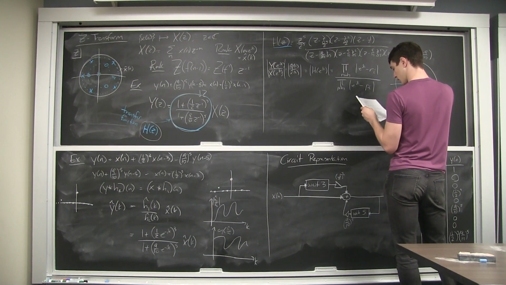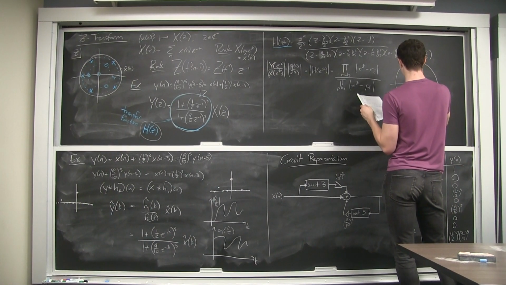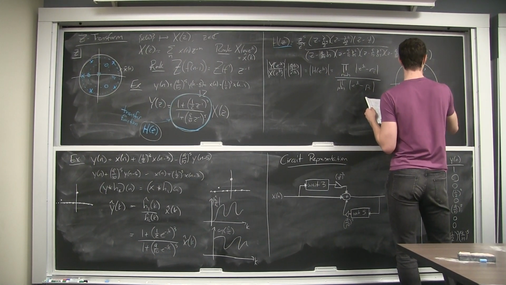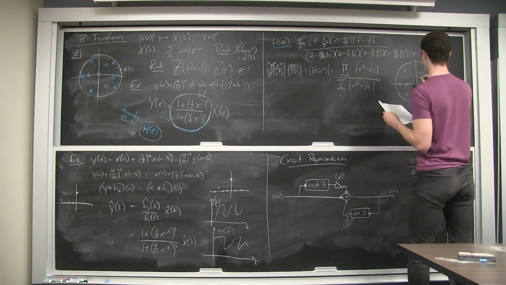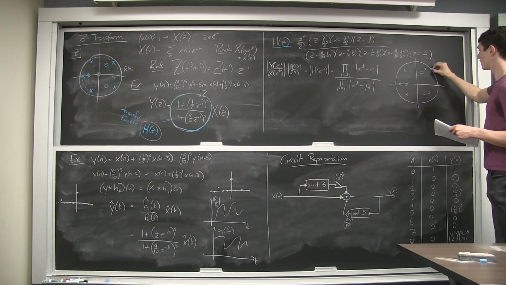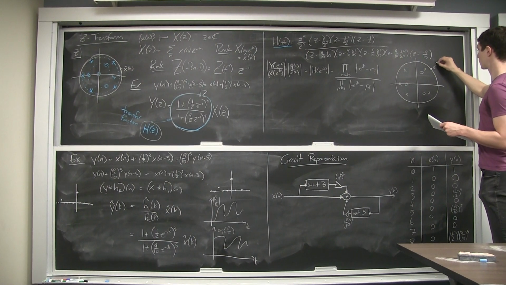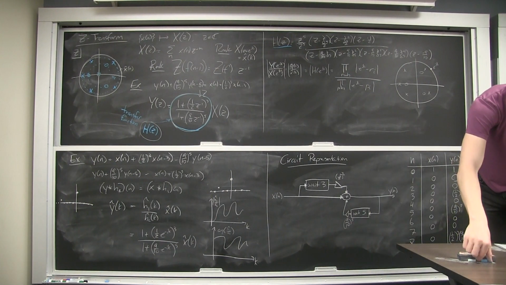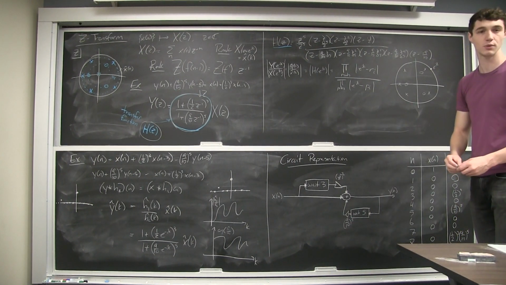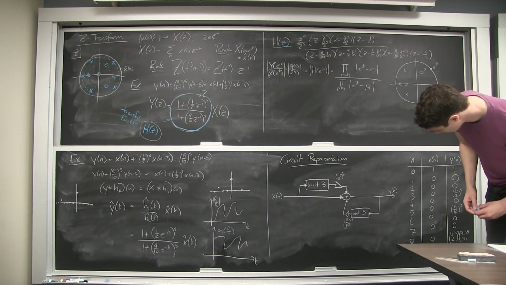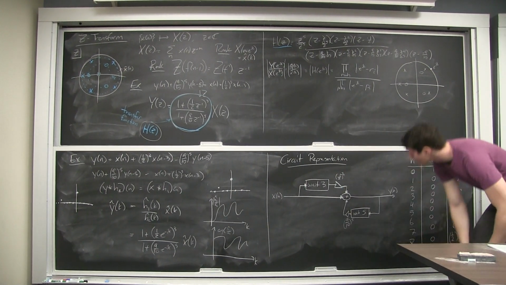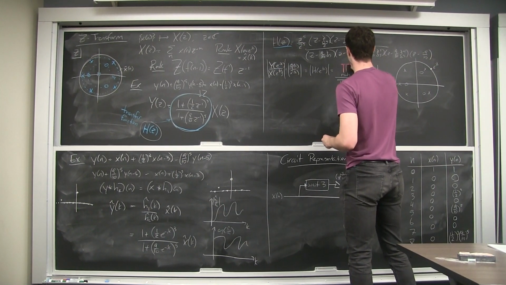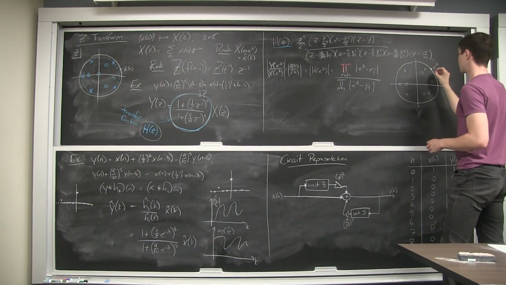I have zeros here, poles here, and if I'm calculating my Fourier transform to here, so e to the ik, this is going to give me my kth Fourier mode. Then, in some color, I take the product of the distances to the roots.